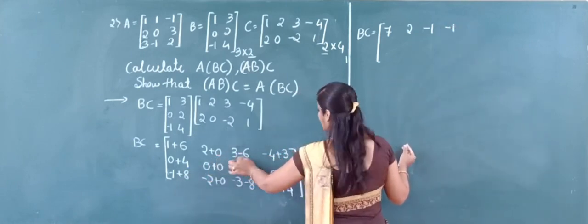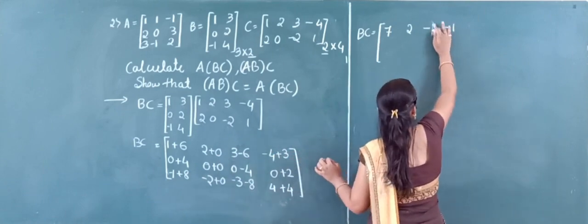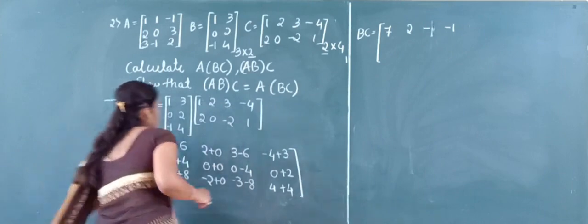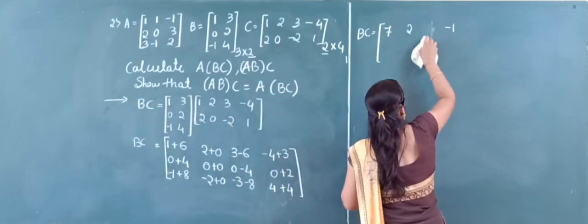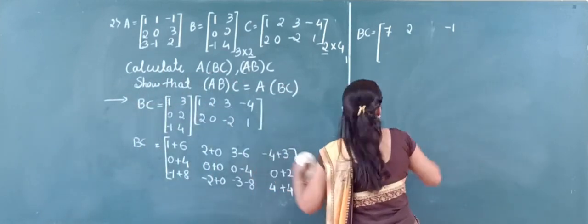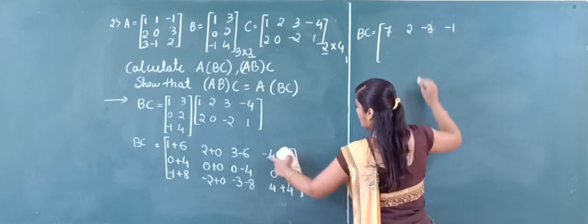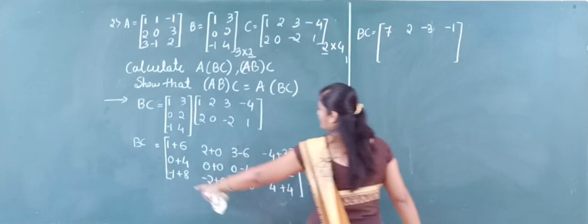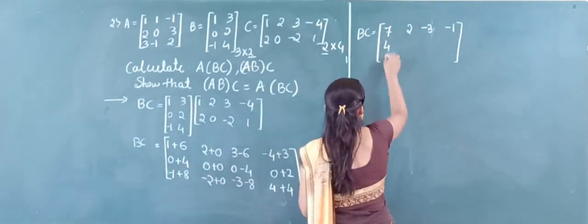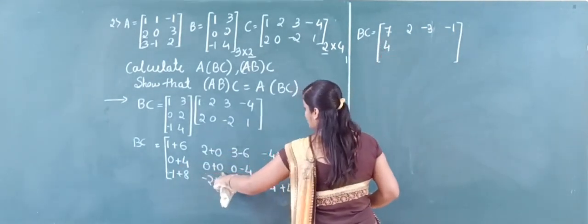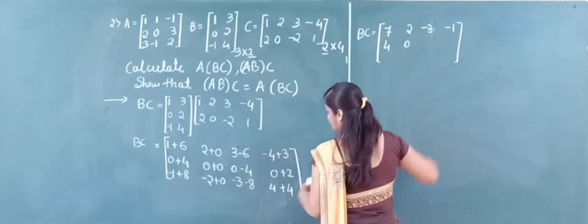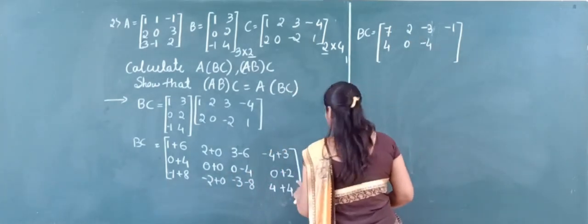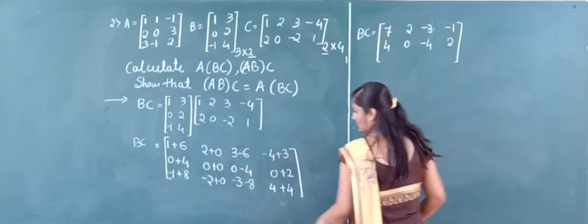Then 0 plus 4, 4; 0 plus 0, 0; 0 minus 4, minus 4; 0 plus 2, 2.